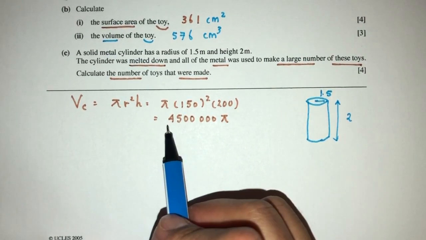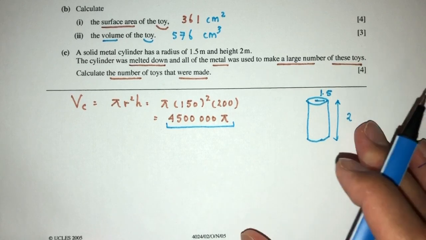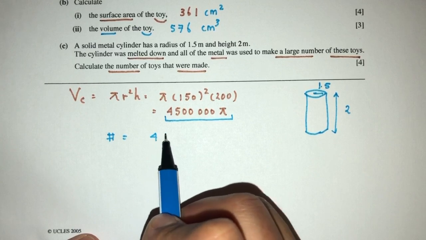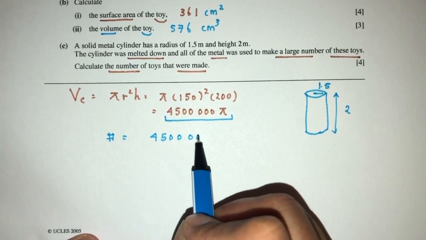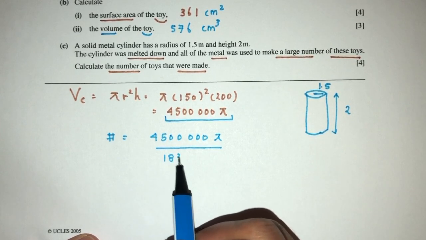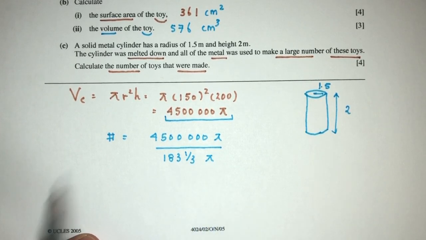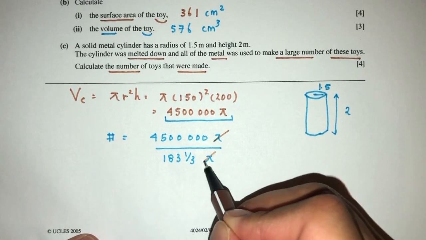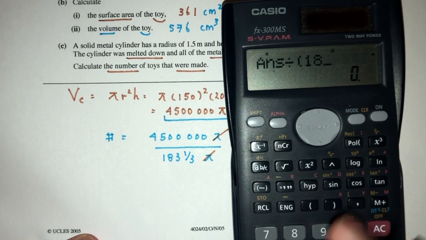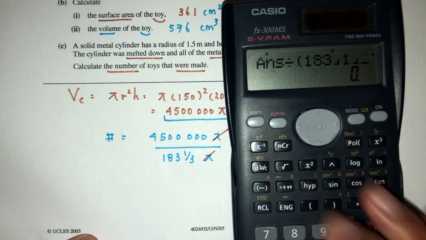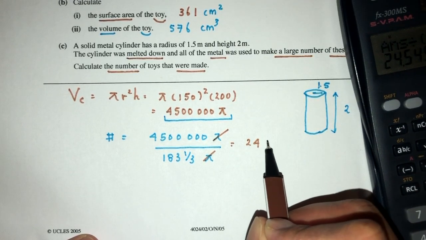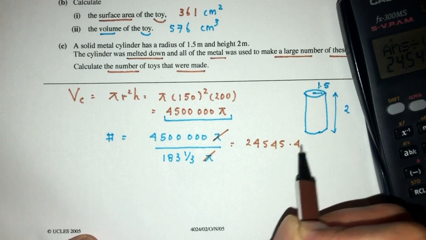Now when you melt this, you will have this much metal to use. So the number of toys will be the volume divided by the volume of the toys, which is 183 1/3 pi. So the pi cancels, and you will have the answer divided by 183 1/3, that should be 24,545.45.